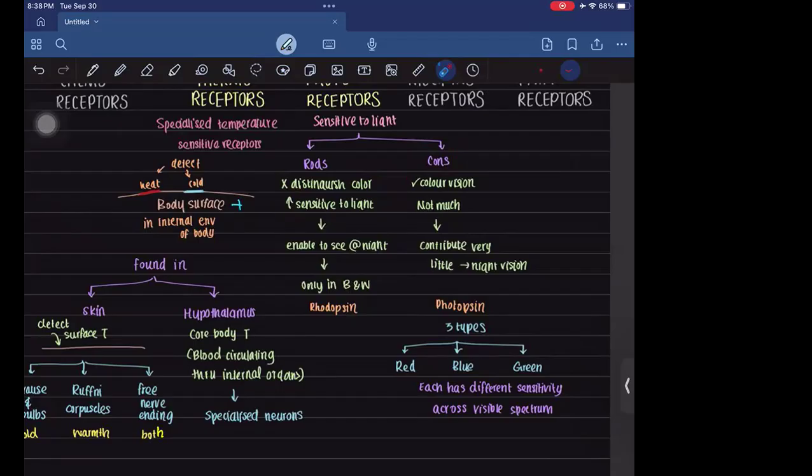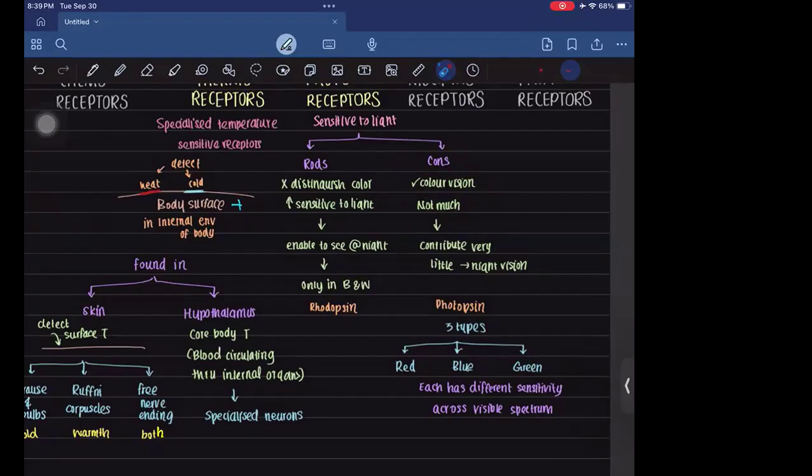Let's say you are trapped in a very dark room and there is a slight light coming through the door. You will be able to detect that light because of your rods, because they are highly sensitive to light. But cones, on the other hand, are not much sensitive to light. It's not that they are not sensitive at all. They are sensitive, but not much.